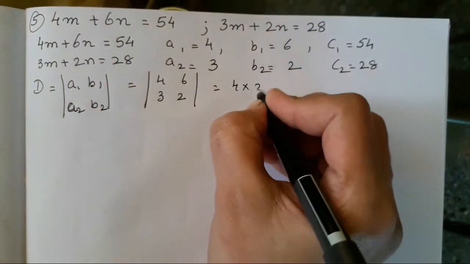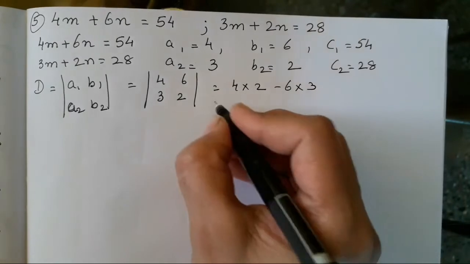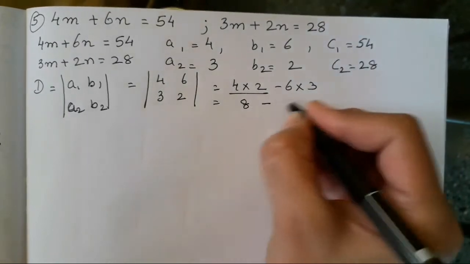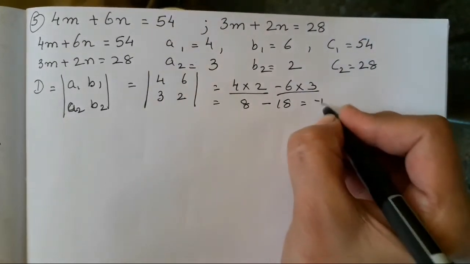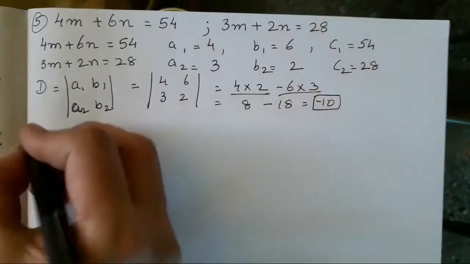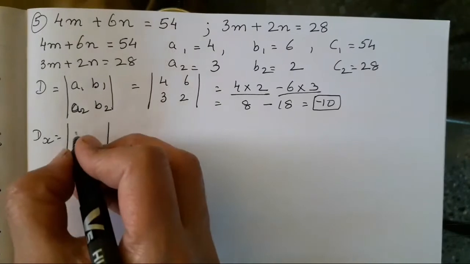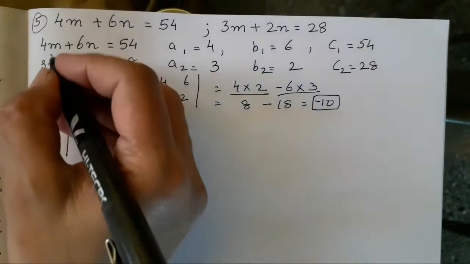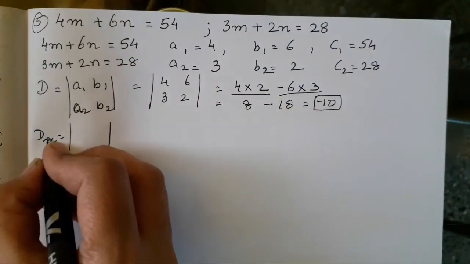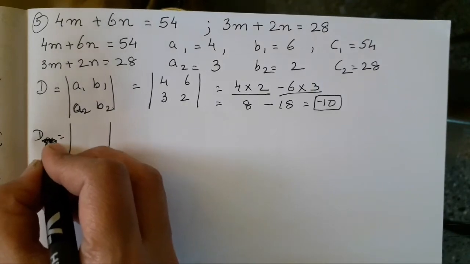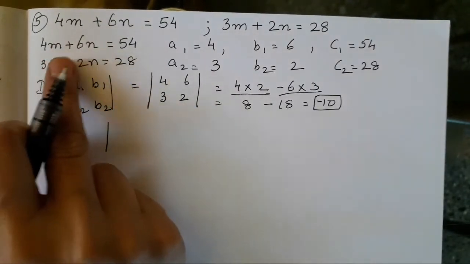So 4 into 2 minus 6 into 3. So 4 2s are 8, 18, it is going to be minus 10. Same goes with dx, which is, okay, we don't have to take x now, we have to take m because it's in the form of m and n.